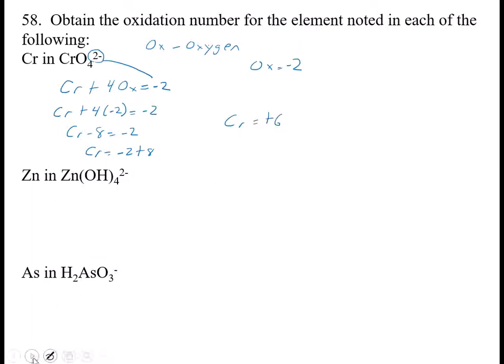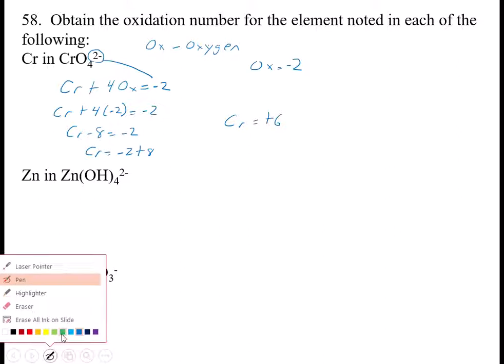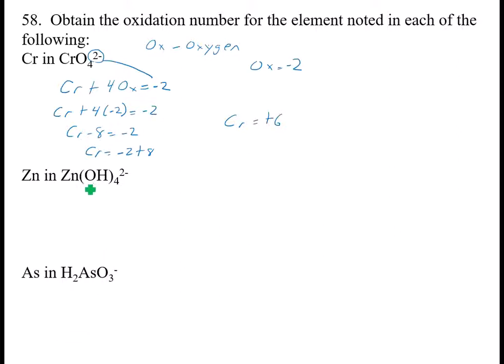Same procedure, but this time what's on the other side of the equal sign is different. I do this zinc tetrahydroxide ion. I have zinc plus 4 oxygens plus 4 hydrogens, and again this -2 means that over here it's a -2 charge. Zinc's what I don't know. Oxygen is still a 2-.